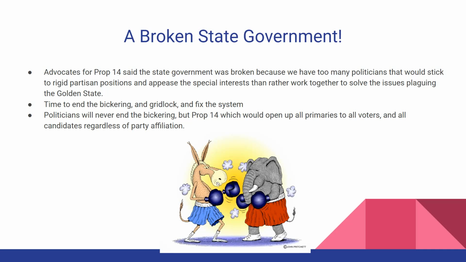Politicians won't do it, but Prop 14 can, because it will open up all primaries to all voters and to all candidates regardless of party affiliation. It was the idea to reduce polarization. In theory. I want you all to keep that in mind.